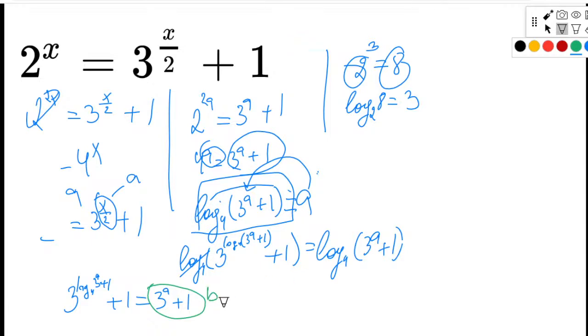And here we get that 3 to the power of log 4 of b plus 1 equals to b. Let's do minus 1 from both sides. We would get 3 to the log 4 of b equals to b minus 1.